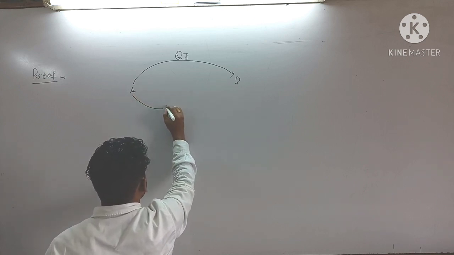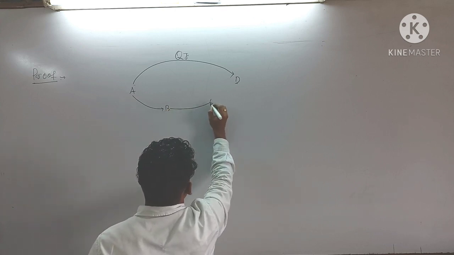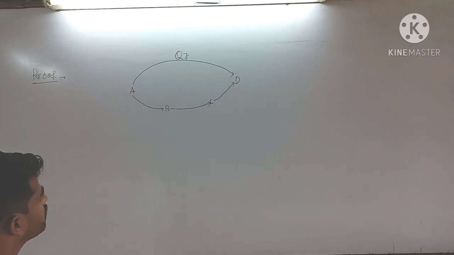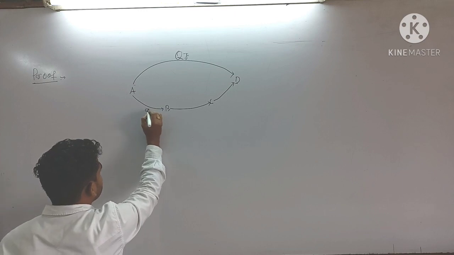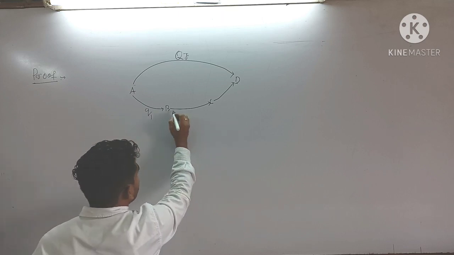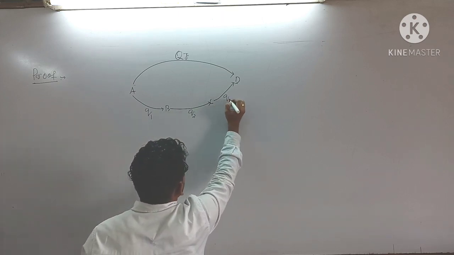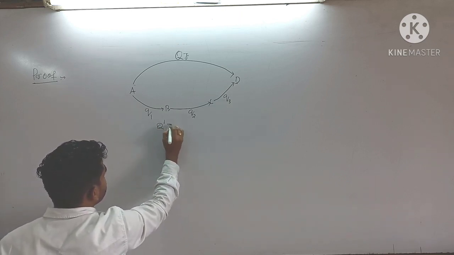Let's say first it is converted into B, and from B it is converted into C, and finally it is converted into D. That clear? So from A to B, let the amount of energy evolved be Q1, B to C, that is Q2, and C to D, that is Q3. And overall I can write over here, that is Q dash joule.